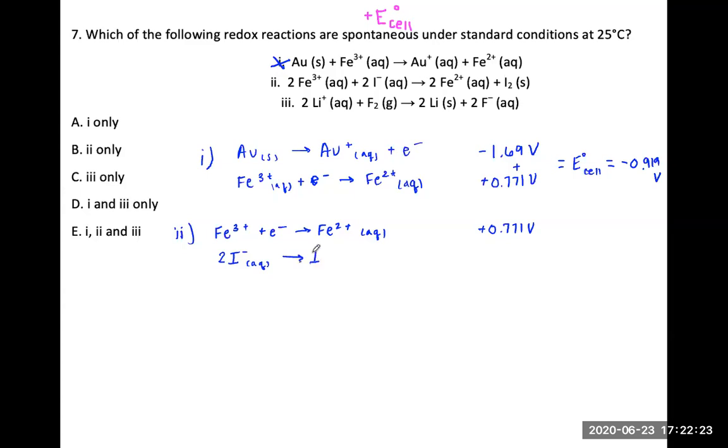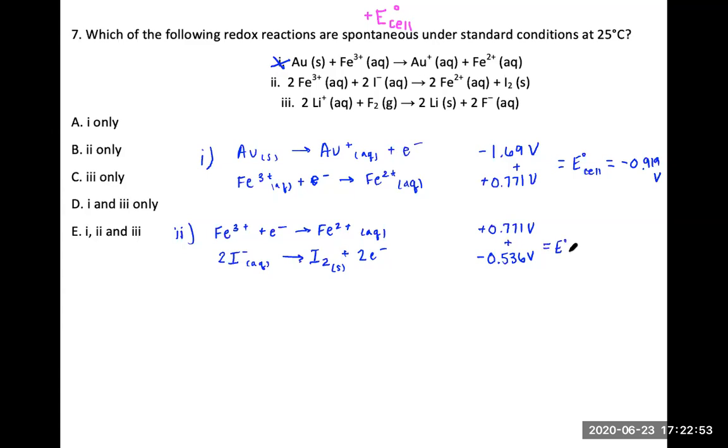As it becomes I2, it gives off 2 electrons. And so we're going to have to look for the reduction of I2 on the data sheet and then flip it. And this is going to be negative 0.536 volts. We can add those together to get our standard cell potential.